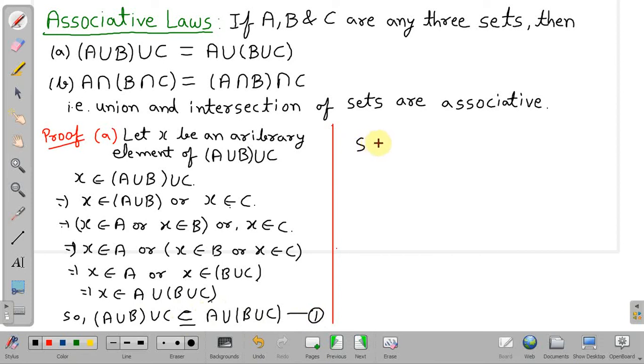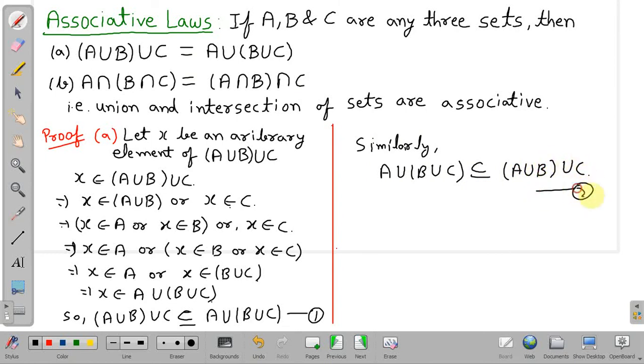Similarly, can't we prove that this is a subset of this? Okay, we have to proceed in the same manner. Similarly, we can prove that A union (B union C) is a subset of (A union B) union C. Okay, this is our equation 2.